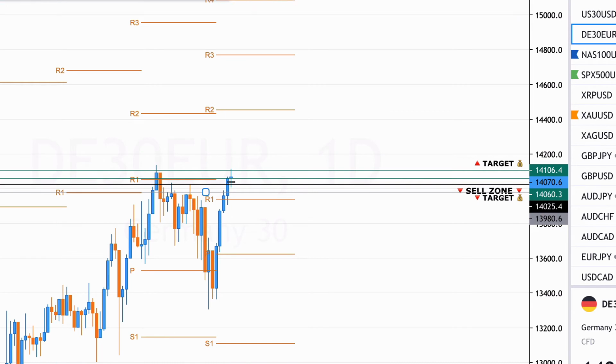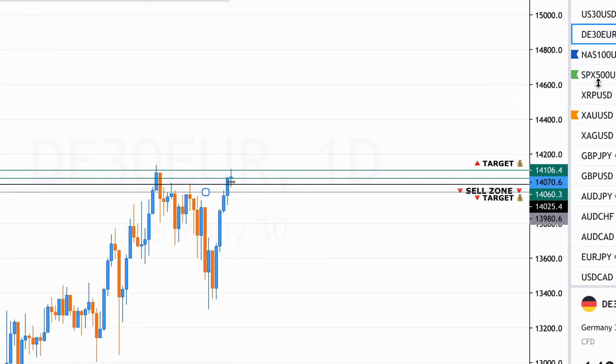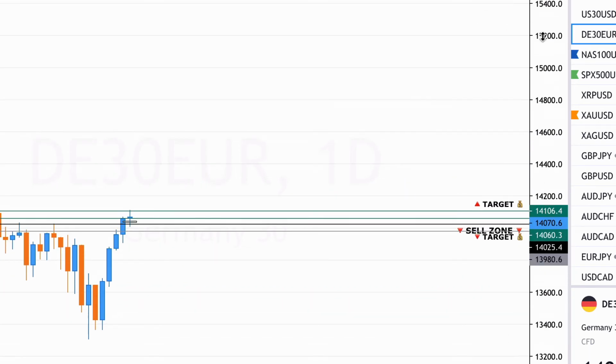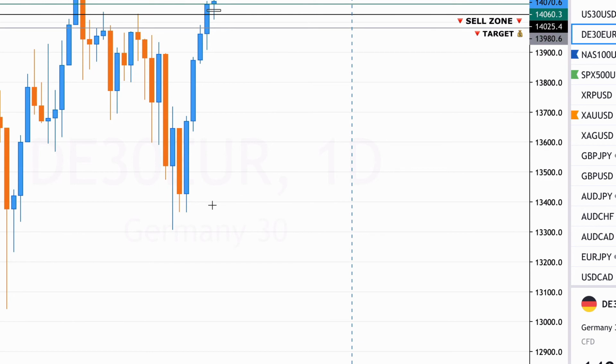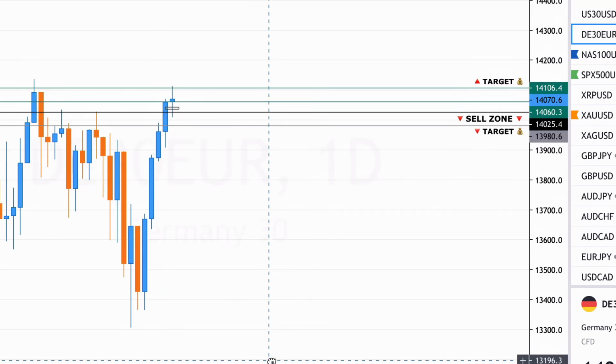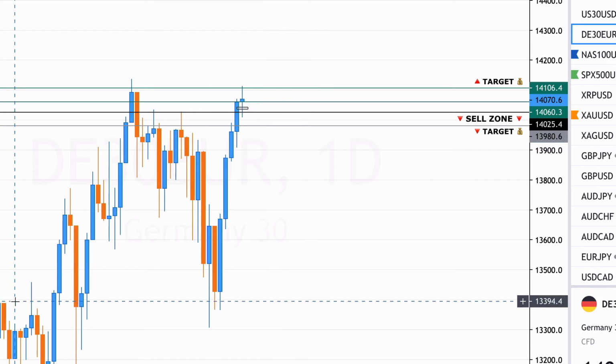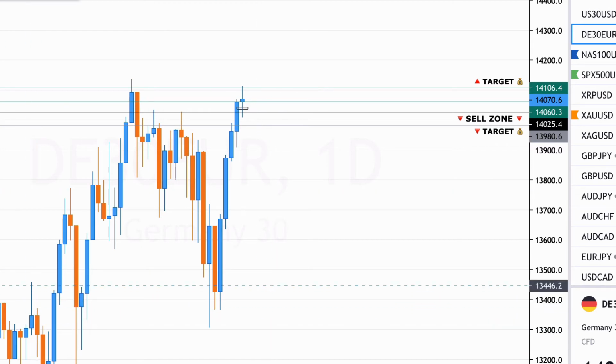This is a good lesson for Fibonacci. Watch this. Let me turn the pivots off. All right, this is a daily. So, see if this makes sense.